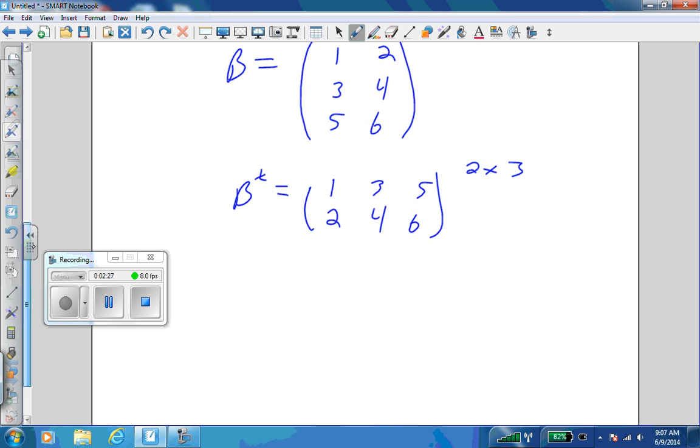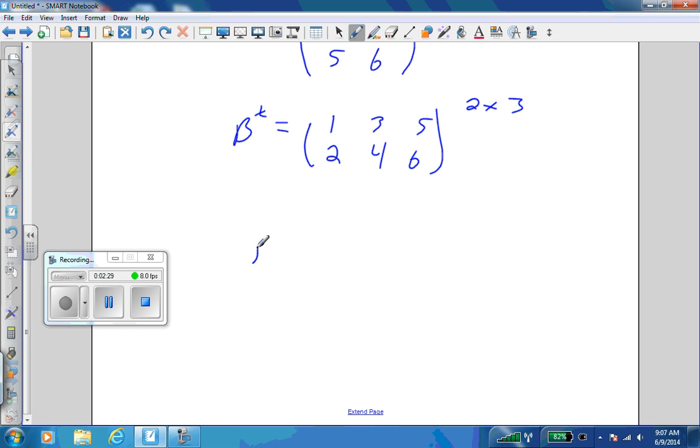Notice you can always multiply a matrix by its transpose. If, say, matrix C is M by N, then C transpose would be N by M, because we swap rows with columns, so this number of rows becomes this number of columns.